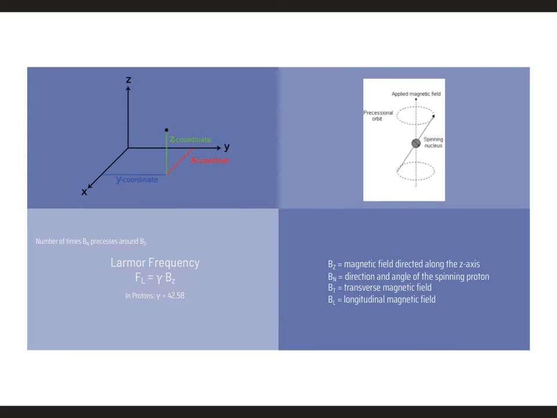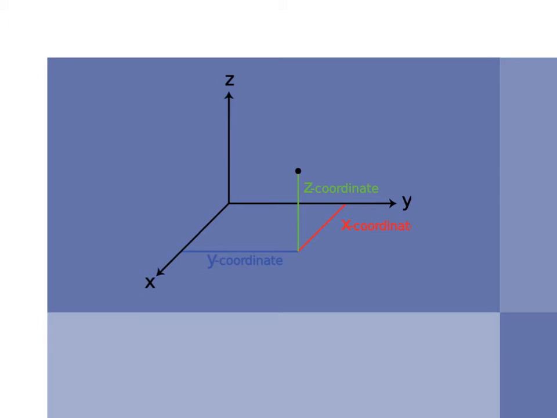So, the first thing we need to discuss is that protons spin. When they spin, they create a magnetic charge. The protons spin at an acute angle around something we call BZ. So, mapping this on a three-plane graph, the z-axis represents BZ, and the angle that the proton precesses is along the x and y axis.